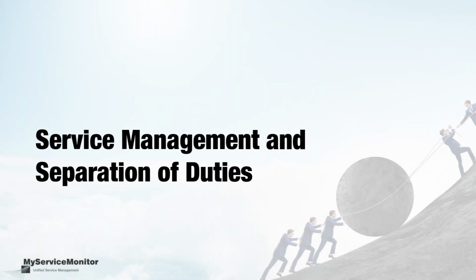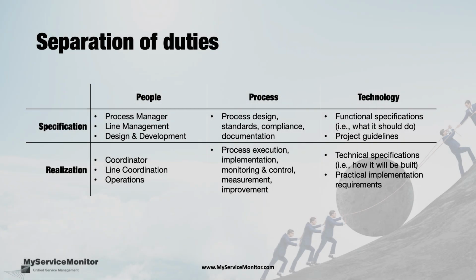The USM method uses 2 proven techniques to assure quality services. One is standardization, which we just discussed, and the other is separation of duties. A proven approach to control is separation of duties. USM applies the principle of separation of duties, and it's based on specification and realization.